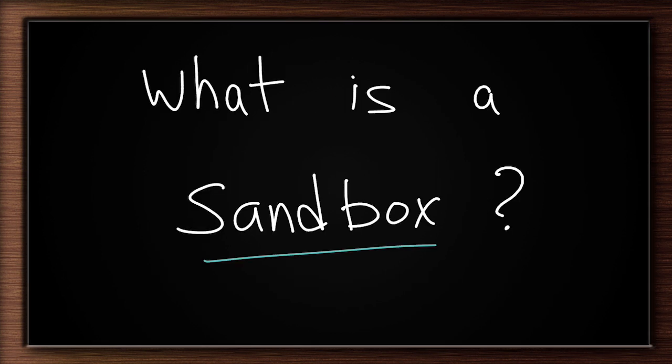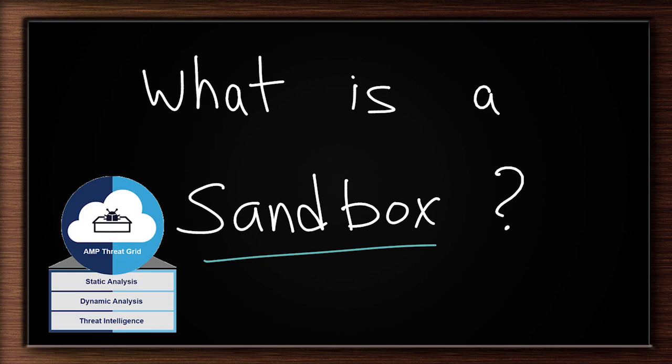And now that I mentioned a sandbox, let me actually define what that means. A sandbox is simply a standalone environment that will allow you to safely view or execute malware while keeping it contained, so it doesn't spread and infect other systems. A good example of sandboxing technologies or services is the Cisco ThreatGrid.